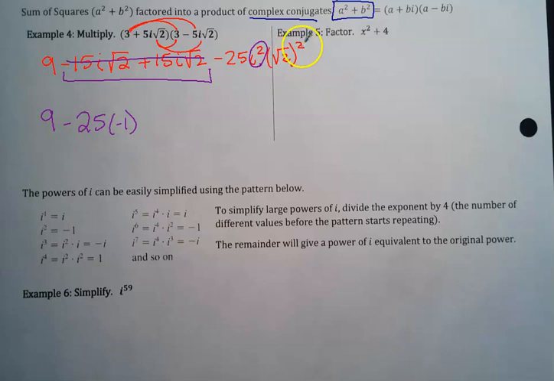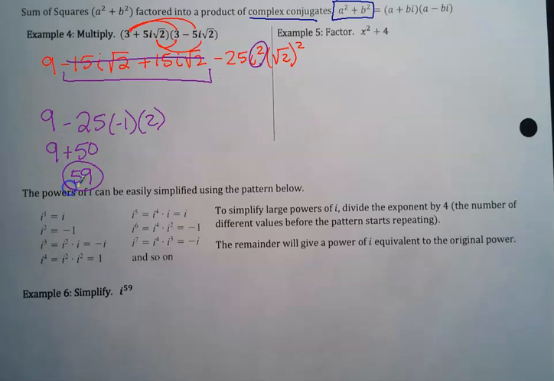And then the square root of 2 squared is 2. So 9, a negative 25 times negative 1 is positive 25. And then positive 25 times 2 is 50. So 9 plus 50 equals 59.